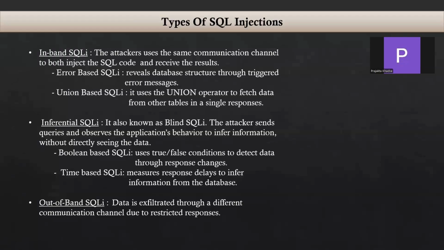For example, a website shows a product list, and the attacker adds a UNION query to show usernames and passwords below it. It will show all the usernames and passwords in the table in one go.